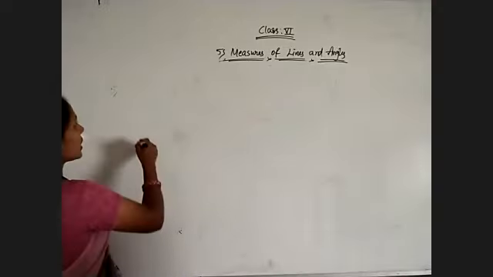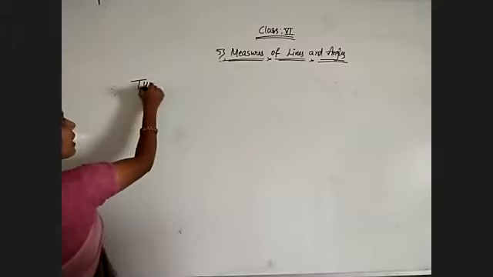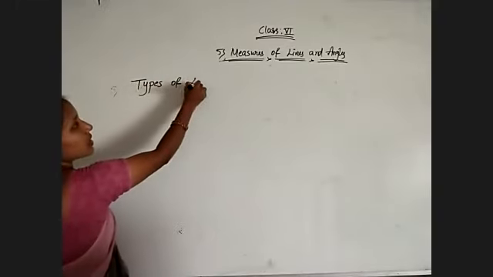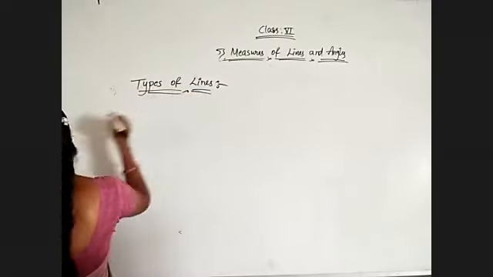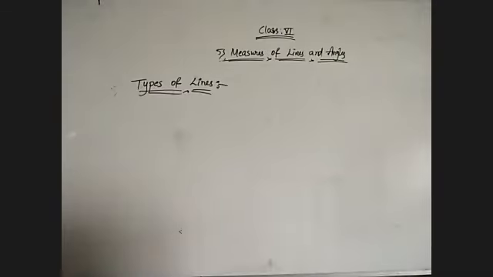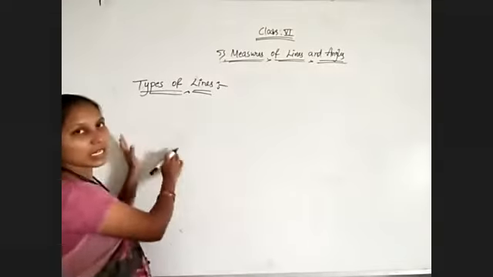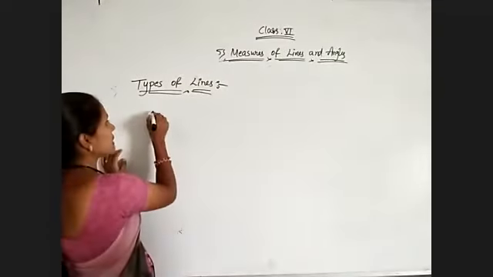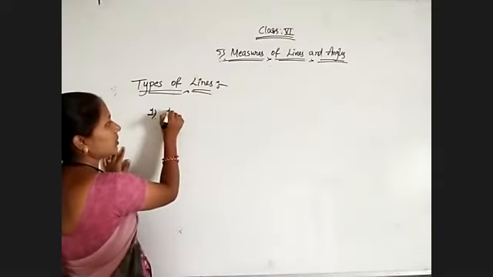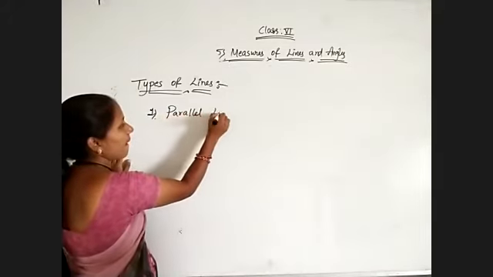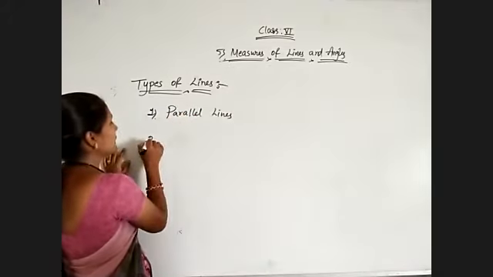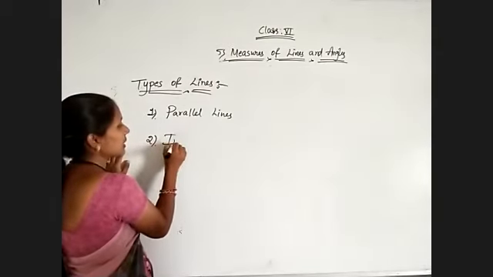And coming to the next, types of lines. Tomorrow we'll discuss this. Just today I'll explain how many types of lines we have. We have normally 3 types of lines. First one, parallel lines. Secondly, intersecting lines.